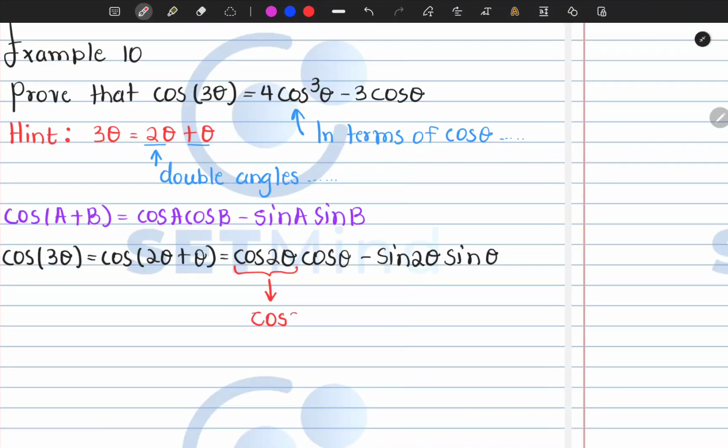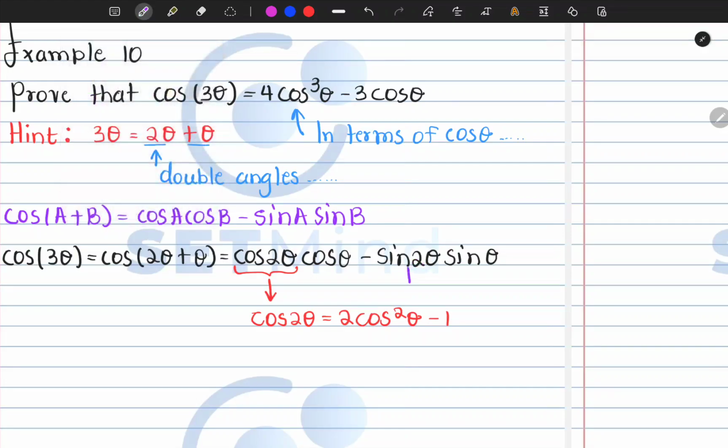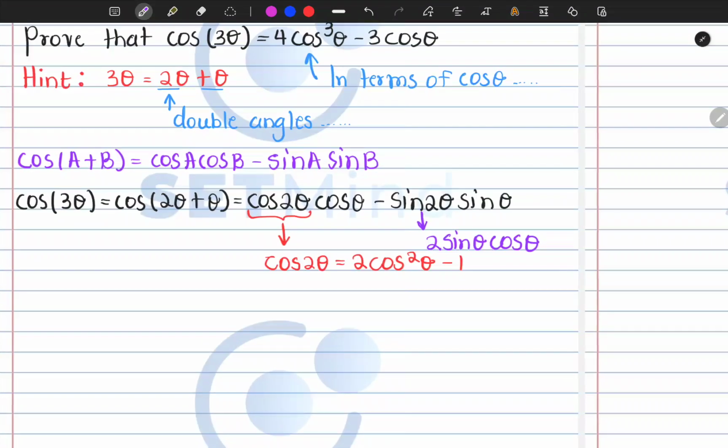So essentially cos 2 theta is equal to cos squared theta minus 1. This double angle expression you should be familiar with now. And then for the sine, we also have a double angle, and unfortunately, it really doesn't change. It is just 2 sine theta cos theta.